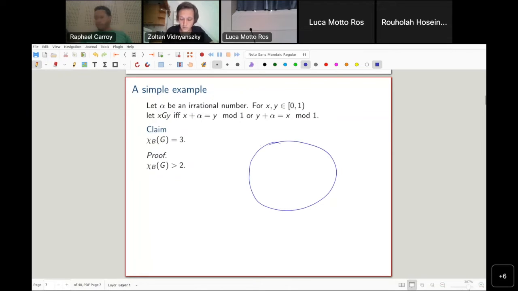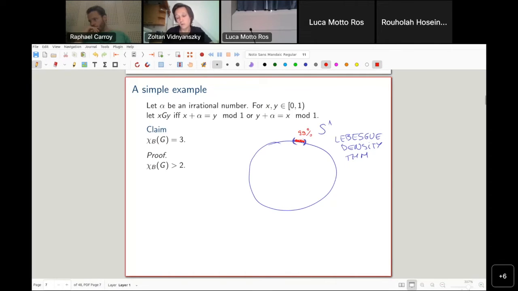So here we have the circle, and assume that we manage to color this graph with 2 colors where each color class is Borel. Then, using say the Lebesgue density theorem, I can find a small interval such that say 99% of the points in that interval are colored red.